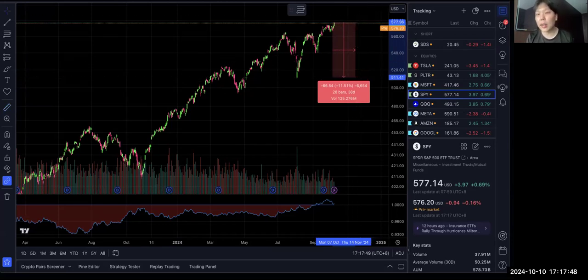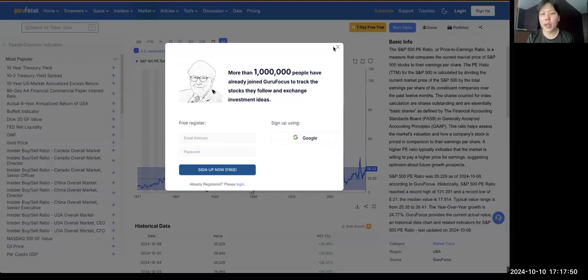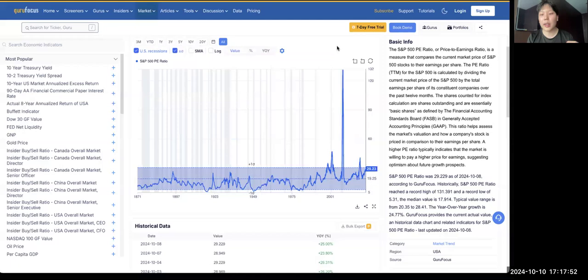With that being said, though, I do have to caution that currently the market or the SPY is overvalued, right? The US markets in general, I think they are slightly overvalued. If we look at the PE ratio of the US markets in general, on average we are at around the 20 or 22 range, right?